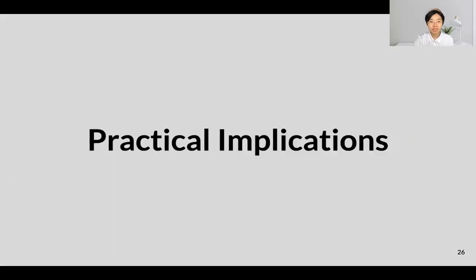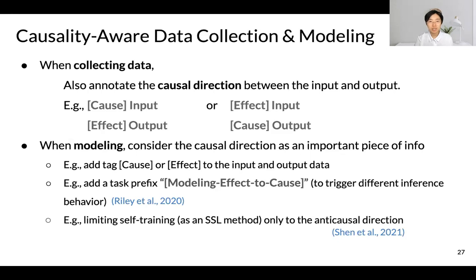What does this mean practically? We suggest that when collecting data, please annotate the causal direction between the inputs and outputs. And second, when modeling, feel free to consider the causal direction as an important piece of information.